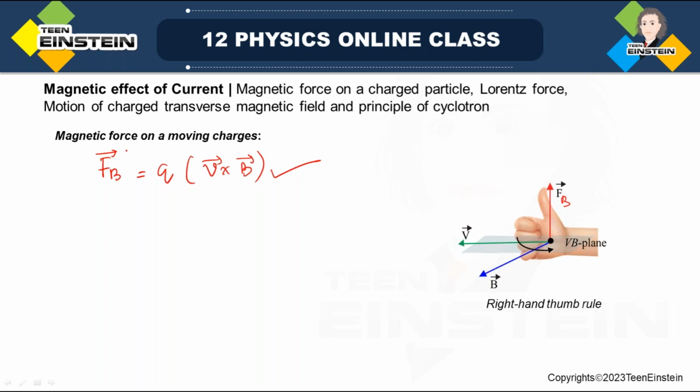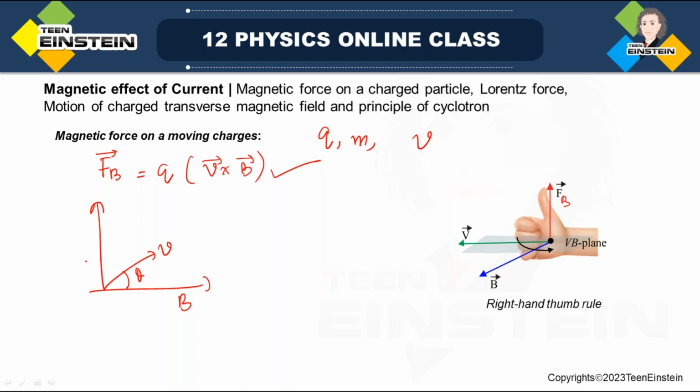We have seen magnetic force on a moving charged particle. If the charged particle has charge q, mass m, and is moving with velocity of magnitude v, but the velocity is making an angle theta with the direction of the magnetic field.